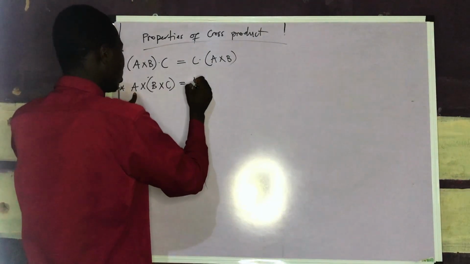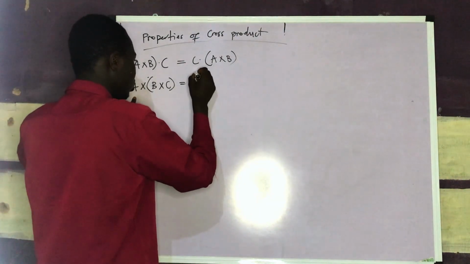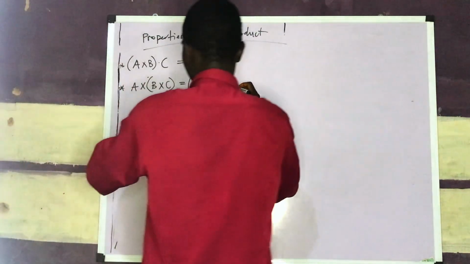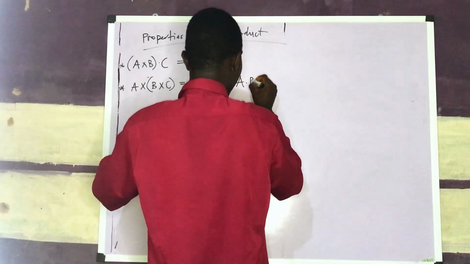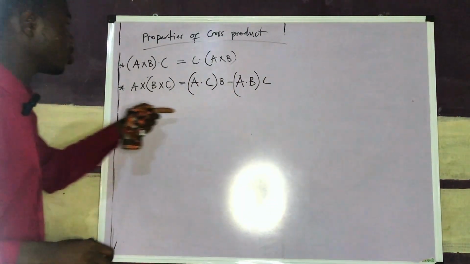You say B, you pick it from this place, and the last one dot C, B minus A dot B, C. This is how you are going to resolve it.